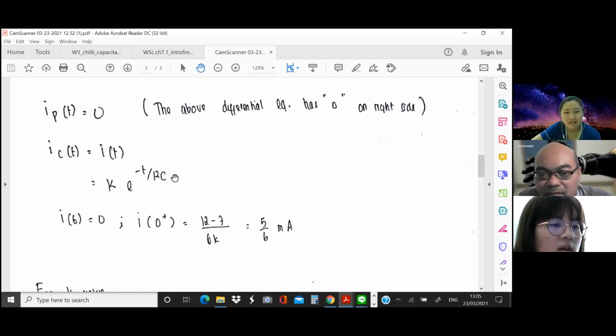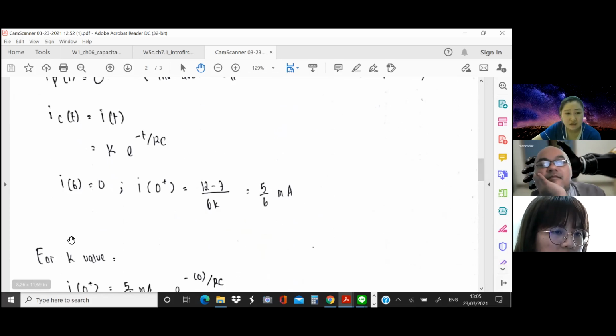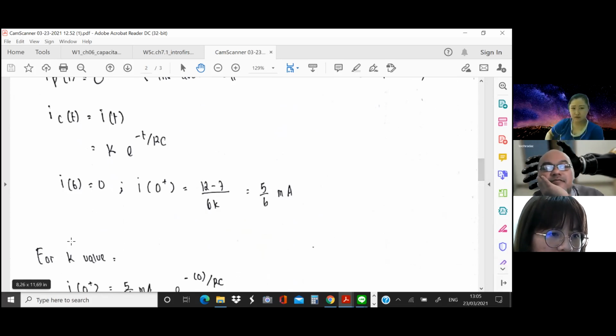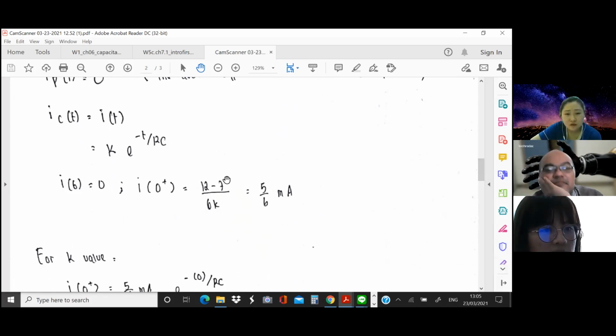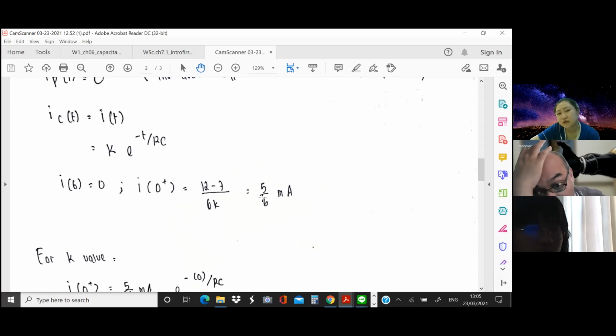This is tau. Then we input our numbers, which is 12 minus 7 divided by 6K, which gives 5/6 milliampere.